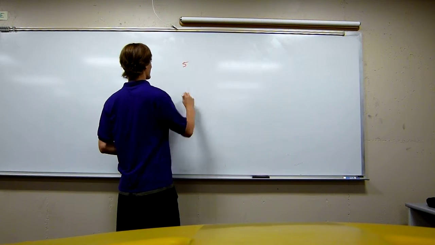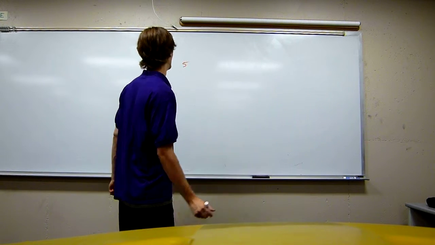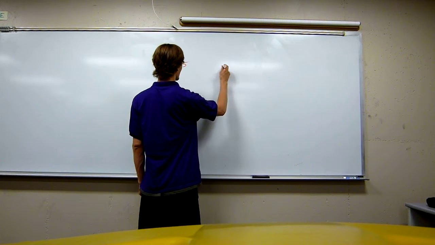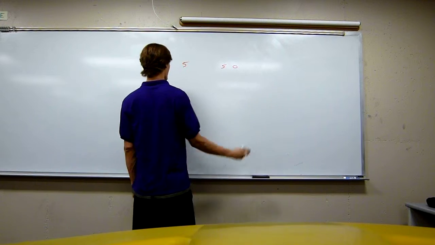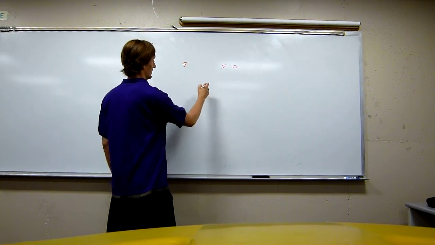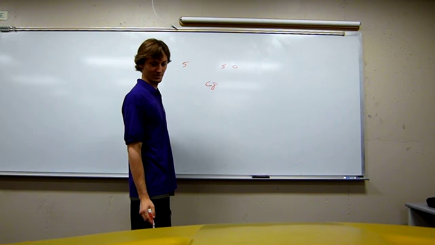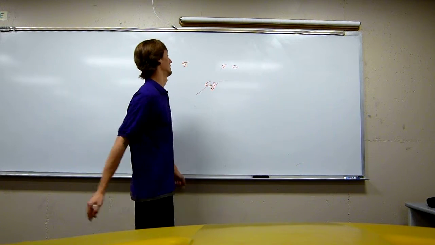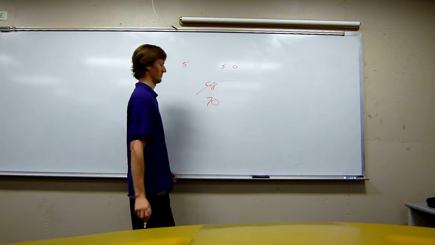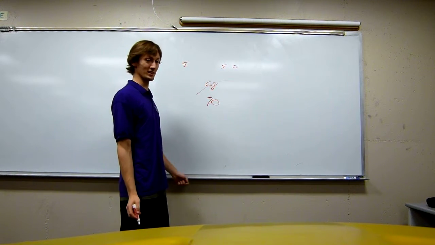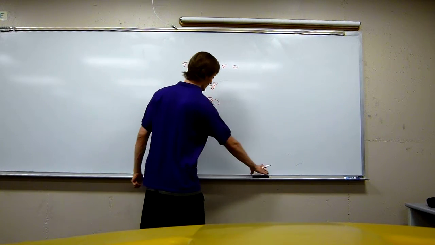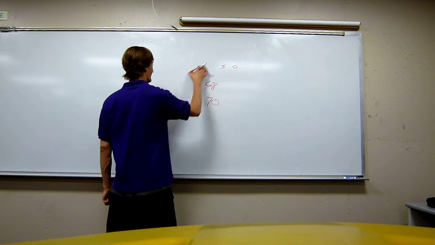A number is divisible by 5 if it ends in either 5 or 0. 68. Divisible by 5? It is not. How about 70? Note the 0. It is. It's most definitely divisible by 5.